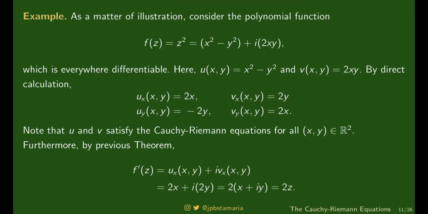Kapag si f na may u plus iv na ay differentiable at a point, yung u and v na satisfy yung Cauchy-Riemann equations. Furthermore, may formula kayo sa derivative ng f, which is ux plus ivx. As you can see, nagmamatch siya doon sa ating alam na derivative talaga ng z squared, which is 2z. Okay?